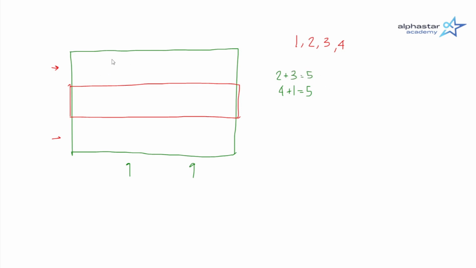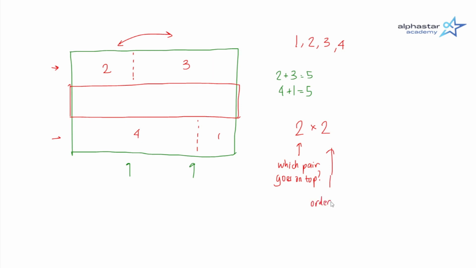So in some order, we need to have the 2 and the 3, and the 4 and the 1. Notice that there are 2 ways to decide which pair goes on top, either 2, 3 or 4, 1, times 2, because there are 2 ways to order the 2 and 3.